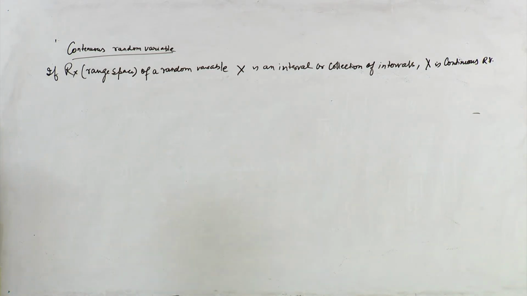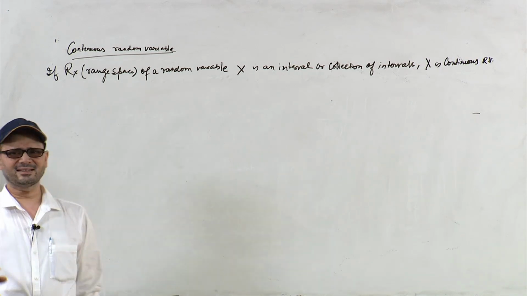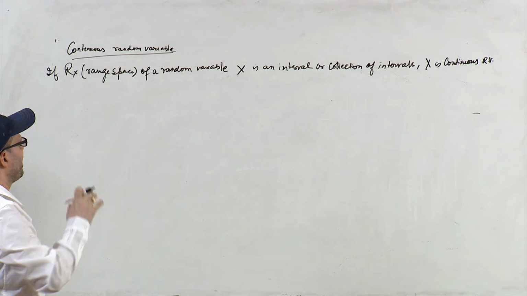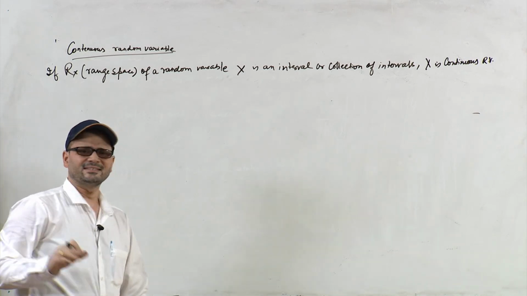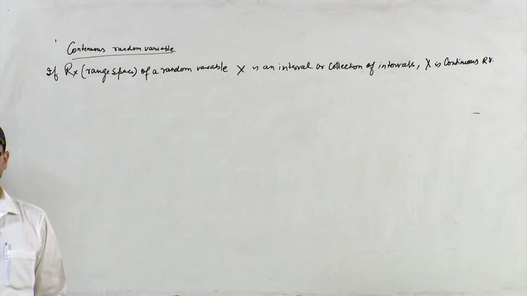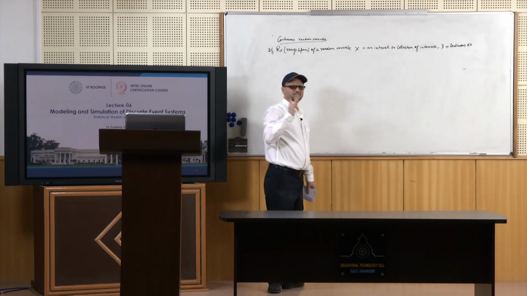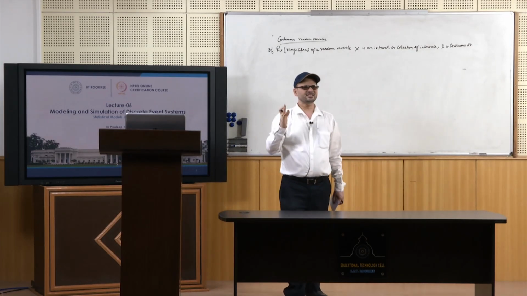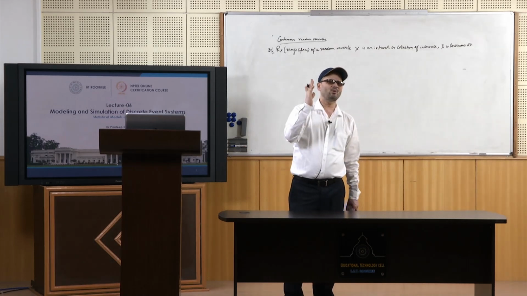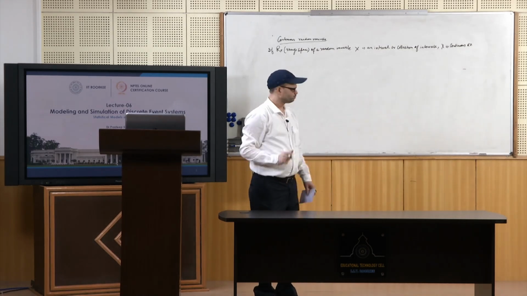So, what we see is that the range space of a random variable is either an interval or a collection of intervals. In that case, it is known as a continuous random variable. You do not have the freedom to define it at a particular point. In these cases, if you define it at a particular point, the probability of that will normally be 0.